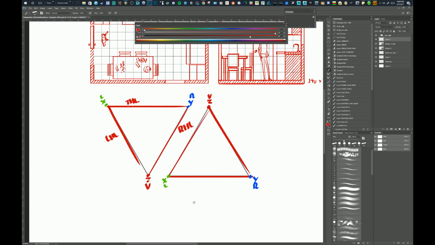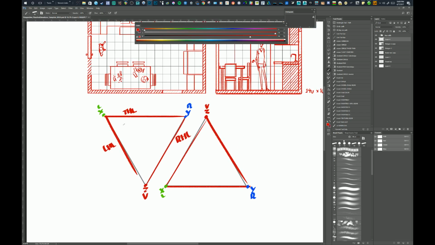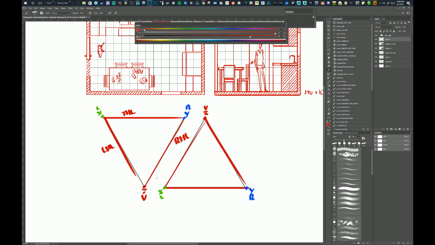Now, the whole time I've been teaching you perspective, we've always had an X, a Y, and a Z, or a left, a right, and a vertical, except in single point perspective, where the depth would actually be X. So in two point we have left and right, and in three point we have left, right, and vertical, which is why I stick with X, Y, and Z mostly.